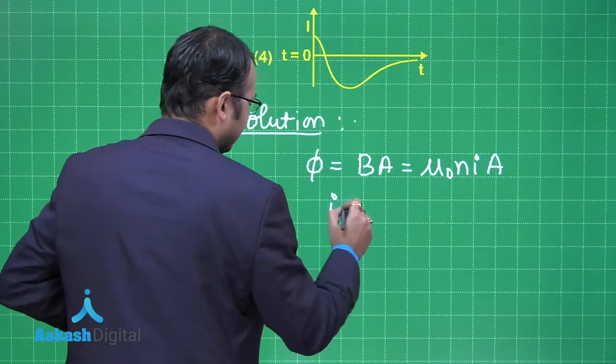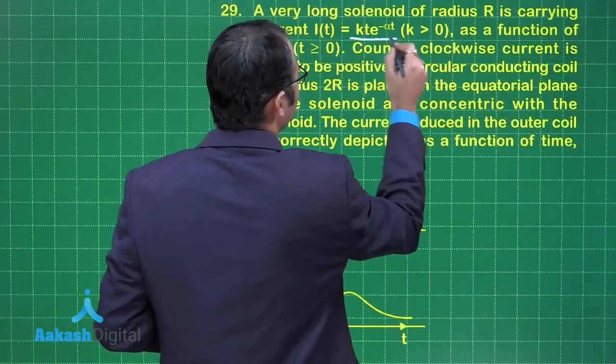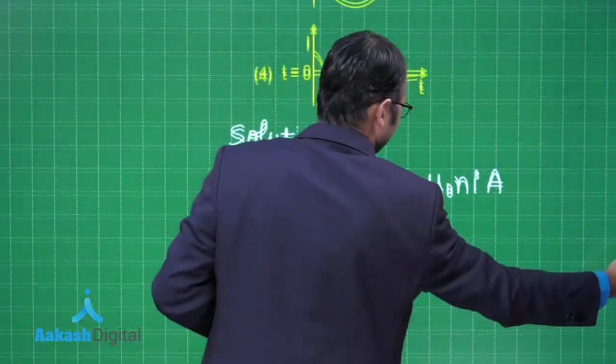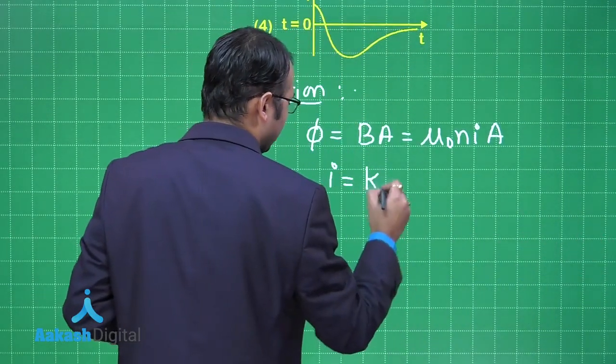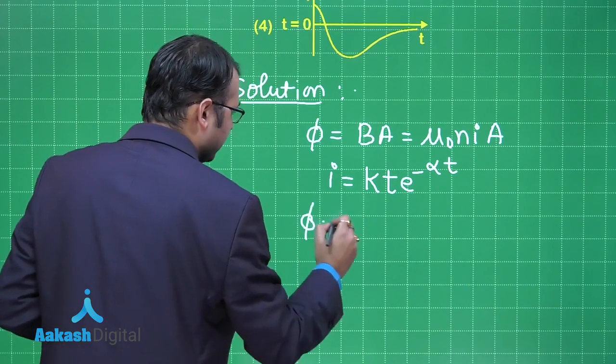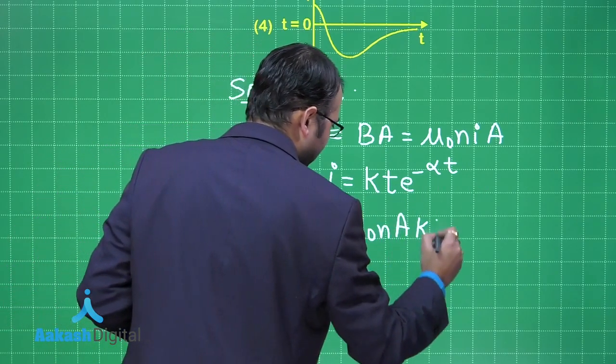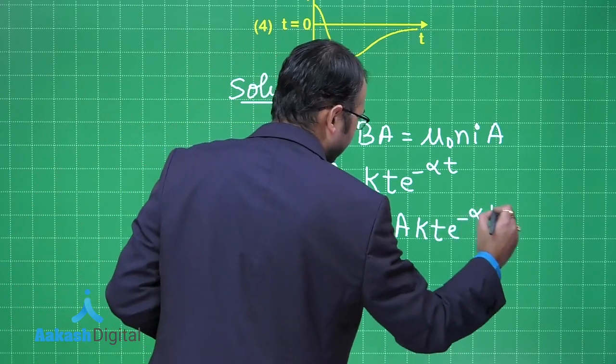Now what is I? Let's see in the question, it is given as kt e power minus alpha t. So I will write I equals to kt e power minus alpha t, right? So now the flux becomes mu naught N A kt e power minus alpha t.